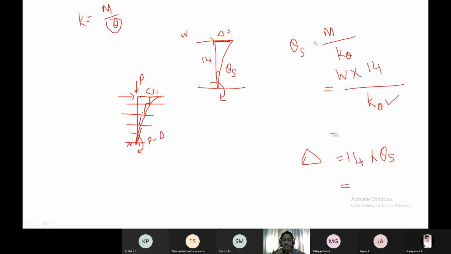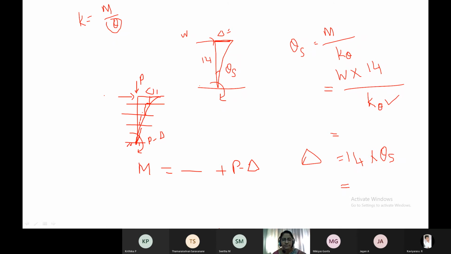Isn't it? So this is a 2nd order effect. This is in addition to the original moment, because when you do the analysis, you already have a moment at the base of the structure. Along with that, there is an additional moment coming, that is called the P delta effect, the P delta moment. It is a moment coming at the base of the structure because of the gravity load and the lateral load deflection.